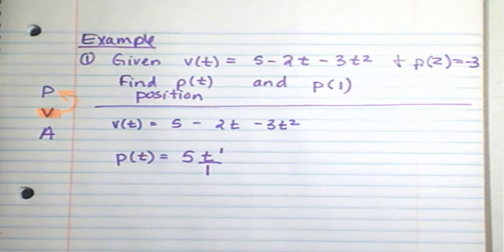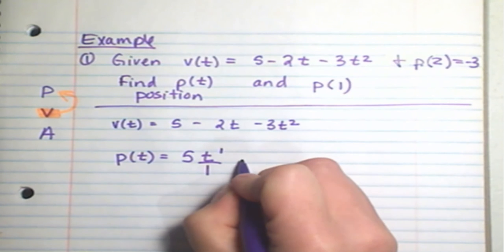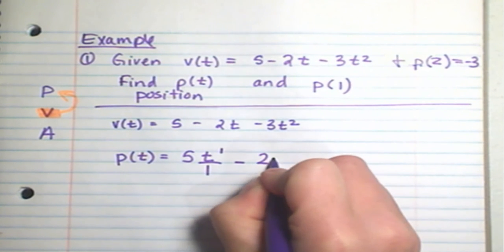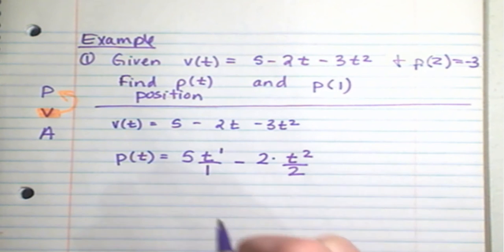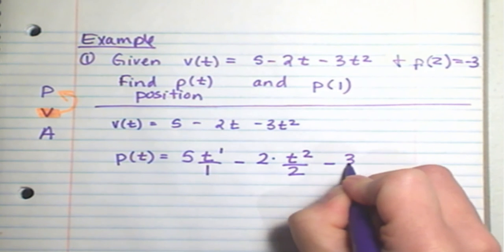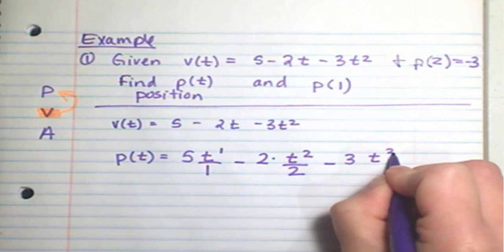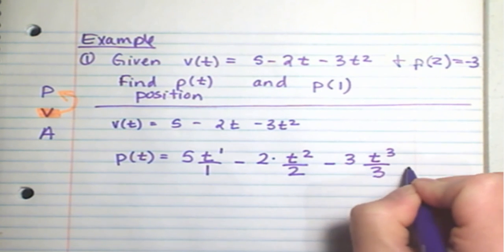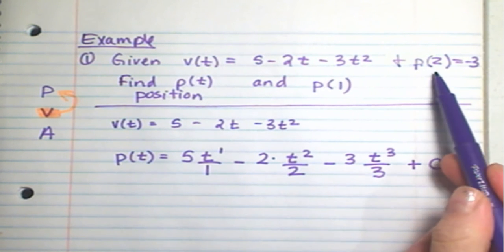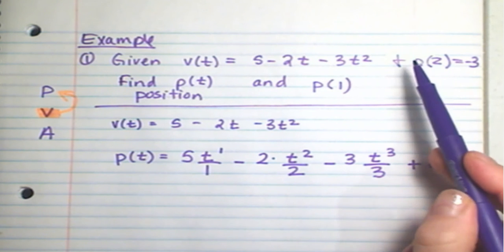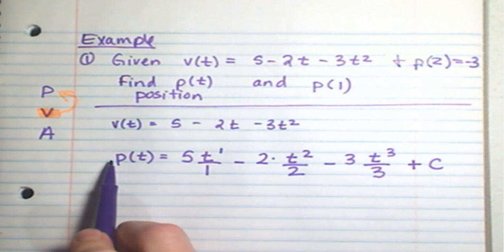There's that antiderivative rule: add 1, divide by the same number. I'm going to keep my coefficient. Add 1, divide by the same number. Add 1, divide by the same number. Plus C.